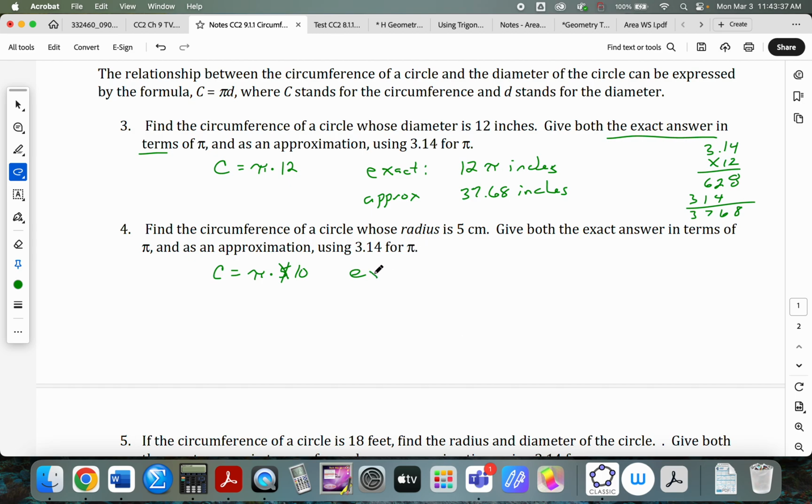So the exact is going to be 10 pi centimeters. And the approximate, if I multiply 3.14 times 10, you shouldn't have to write that out. Yeah, 31.4 centimeters.